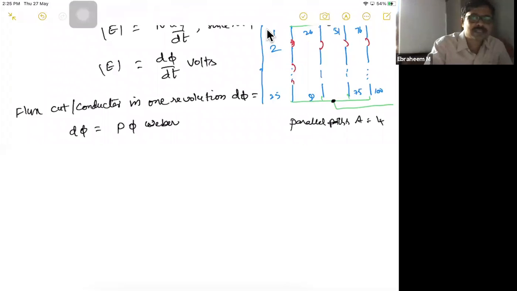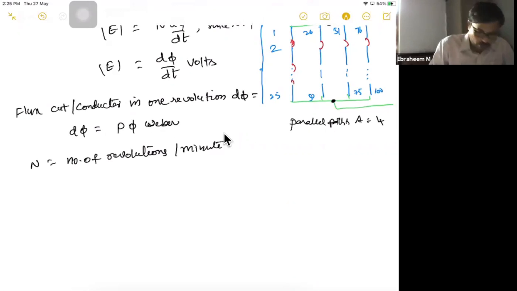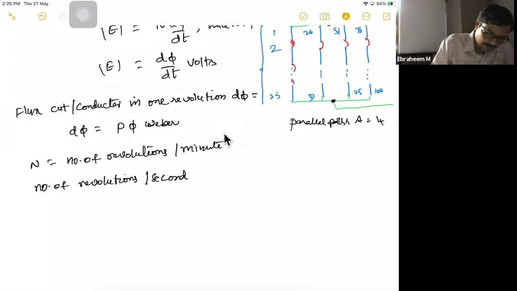Now we have to calculate dt, right? For dt, we utilize the number of revolutions per second. We have N, the number of revolutions per minute. So the number of revolutions per second is N by 60.